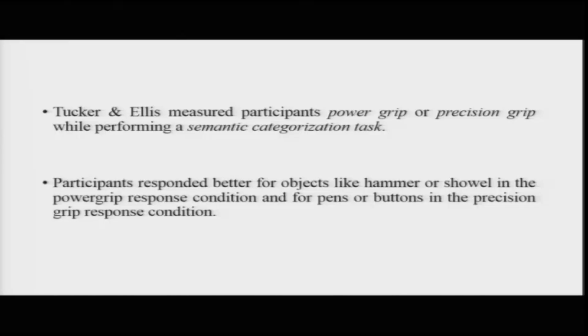Another study, Tucker and Ellis, measured participants' power grip or precision grip while performing a semantic categorization task. The participants had to do a semantic categorization task, basically saying whether a particular object belongs to a category or not. So, animal or not, tool or not, something like that. They made the responses either with a power grip or a precision grip.